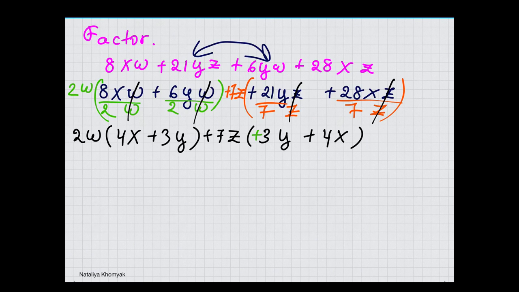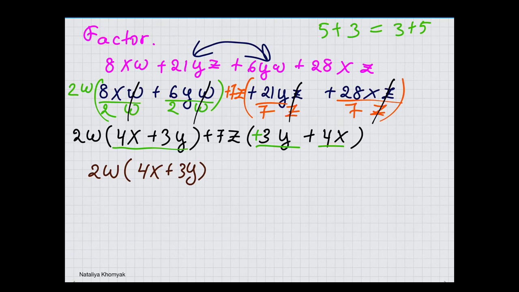But this is positive 3y. This parenthesis is exactly the same as this one, just like 5 plus 3 is exactly the same as 3 plus 5. So I'm just going to rewrite the second parenthesis to make it look like the first one. We have 2w times 4x plus 3y plus 7z times 4x plus 3y.